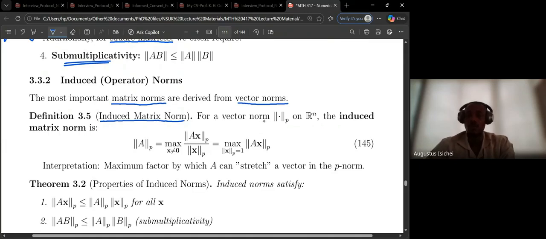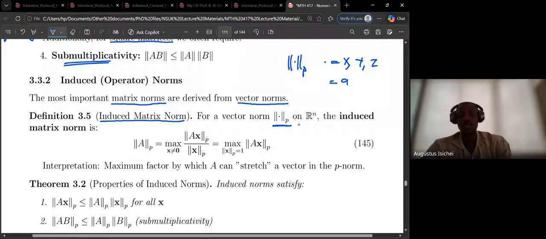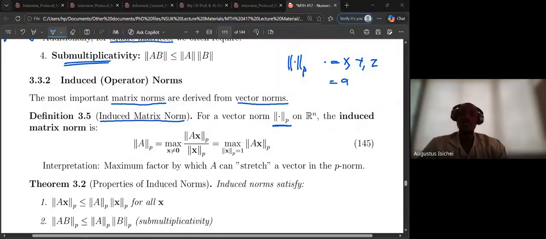For a vector norm, the norm of dot P, whenever you see me write the norm of dots subscript P, the dots can be equal to X, can be Y, can be Z, can be A, depending on whatever. So the dots serve the function that variables serve in algebra.